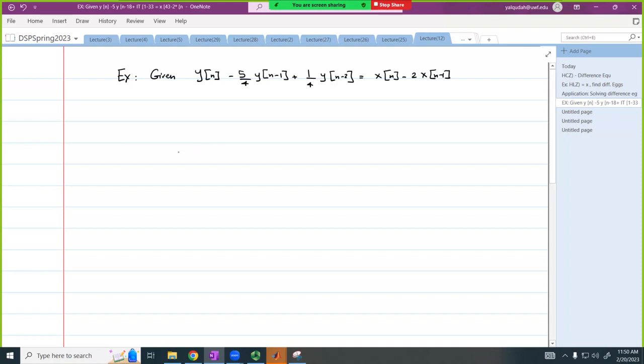How many initial conditions am I going to have here? 2. So I'm given y of -1 equal to 4, and y of -2 equal to -4. And what else do I need to determine y of n? I need to know the input that you're applying. So we are given x of n equal to (1/2) to the power of n u of n.